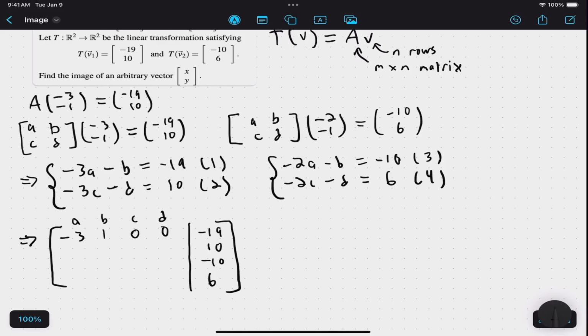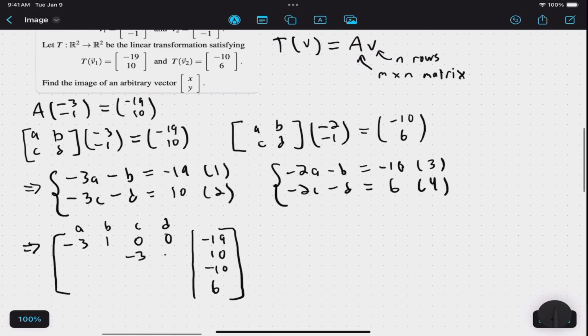Then equation 2, we have -3c, -1d, and the rest are zeros. Equation 3, and equation 4. So 0, 0. So if we row reduce this, we get the following.